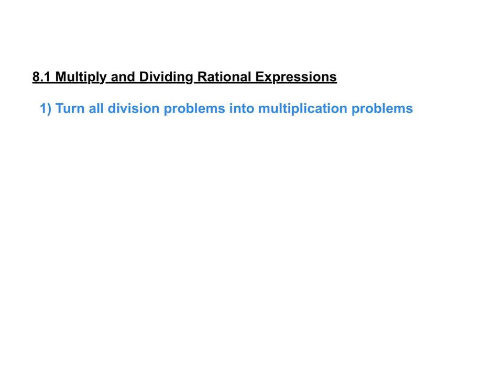And once we have one giant fraction, we can cancel tops and bottoms. So we want to eliminate division problems, make them multiplication problems. And the way we're going to do that is keep, change, flip. Okay, we're going to keep the first fraction, change the sign from division to multiplication, and flip the second fraction.